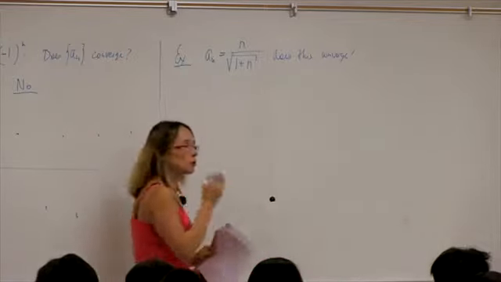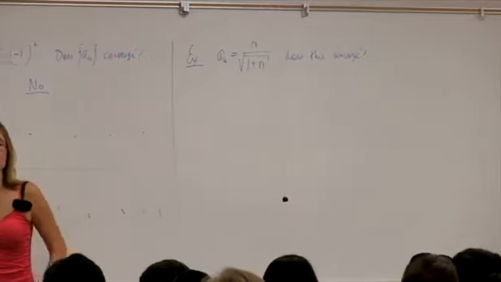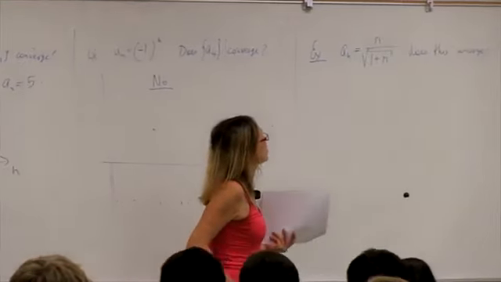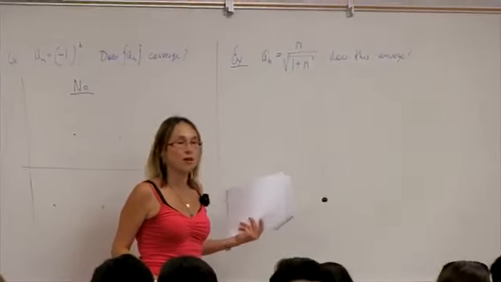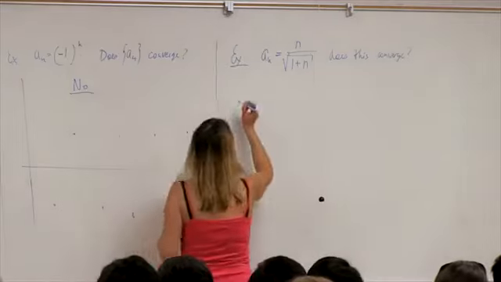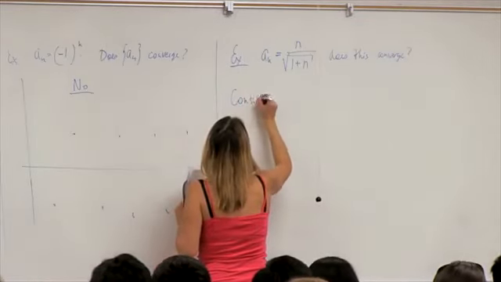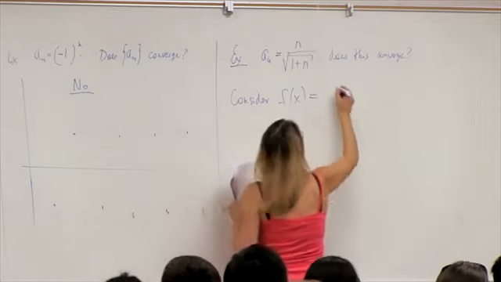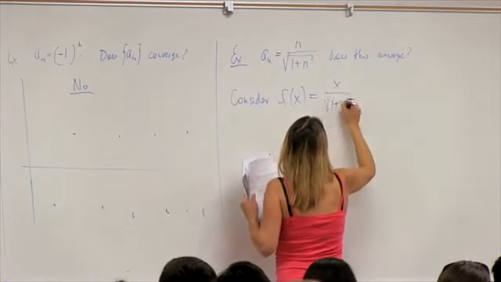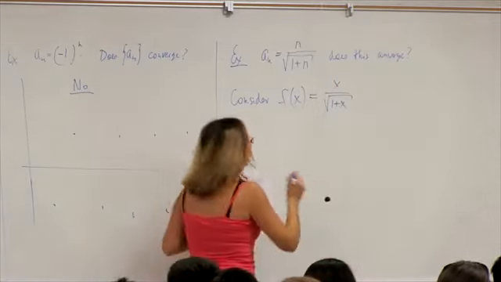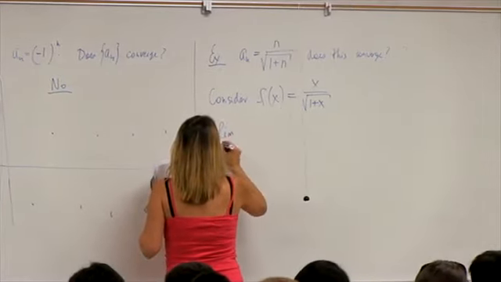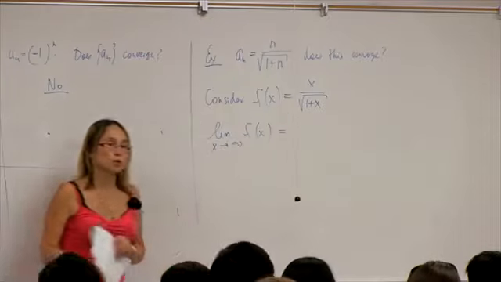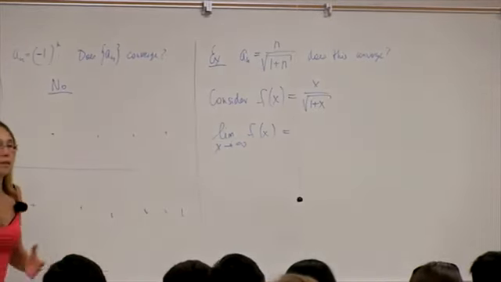So how do I approach this? This is easy because my sequence is given by a function of n. So we consider the relevant function, which looks like this. We have x over square root of 1 plus x, and we have to calculate the limit as x goes to infinity of f of x. If this converges to a certain limit, then so does the sequence.